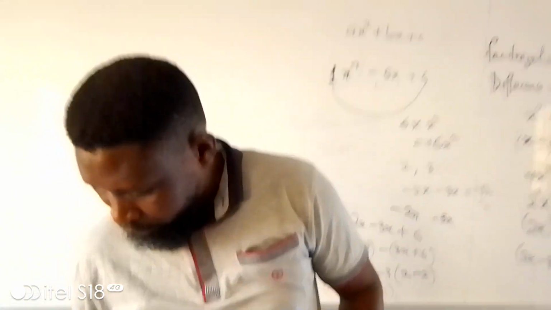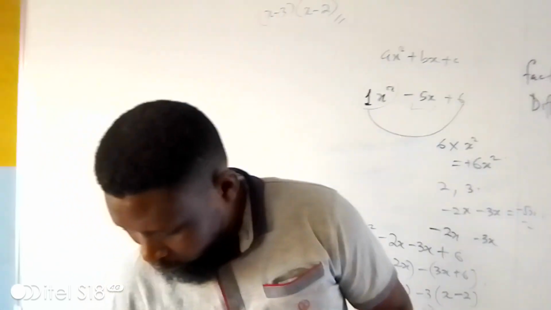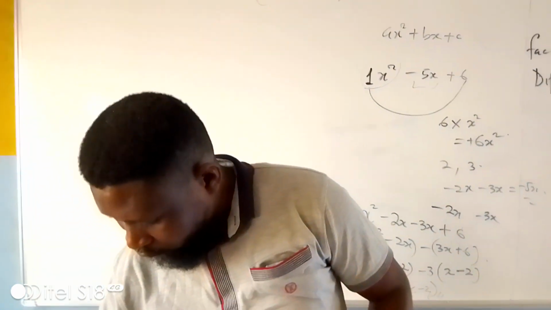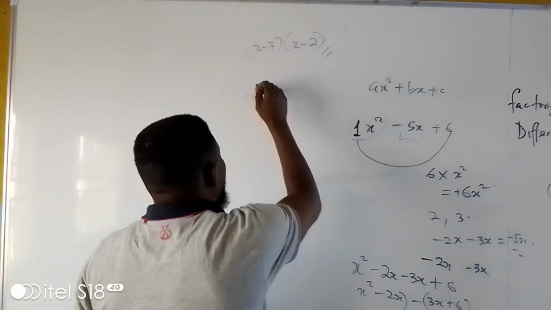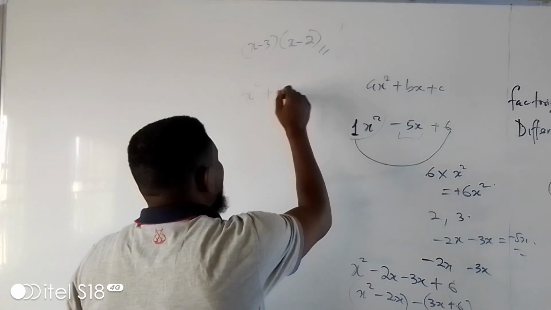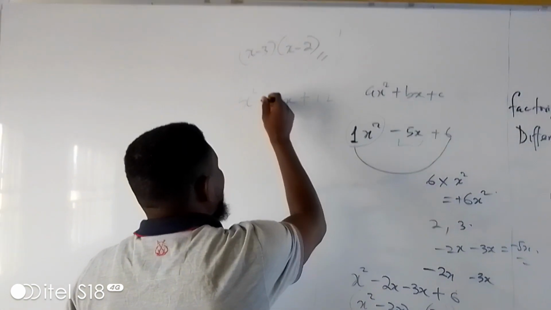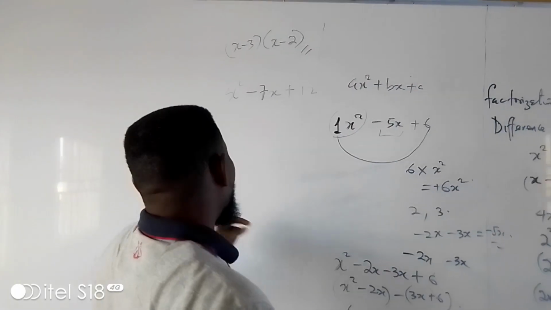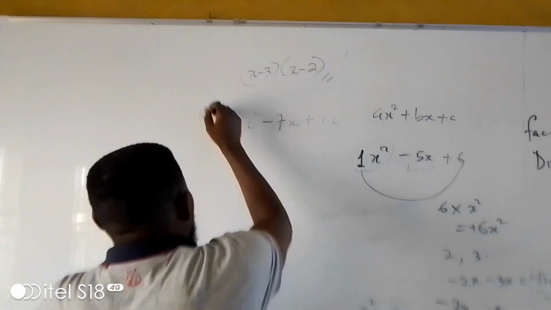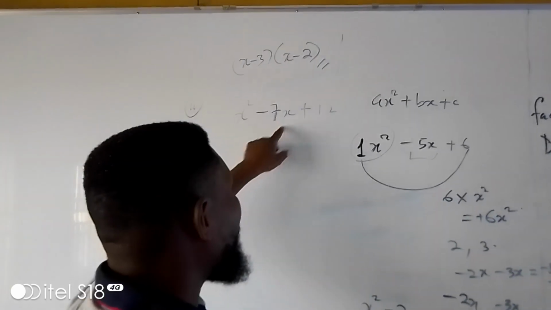The question is x squared minus 7x plus 12. This is our question 2. We have x squared minus 7x plus 12.